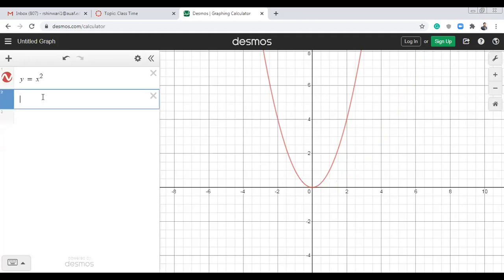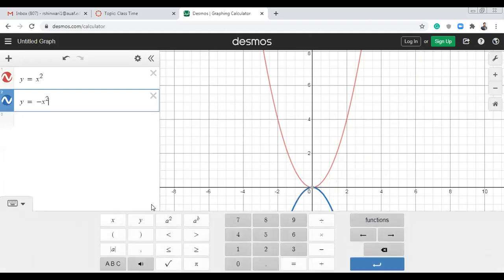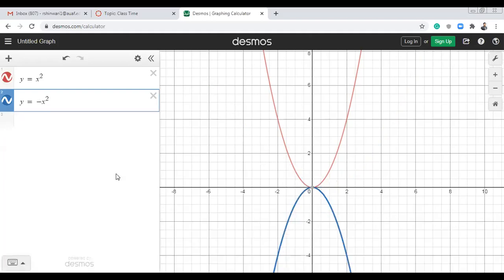But if you multiply with a negative number, y is equal to minus x square, you can see the same graph but downward. This parabola opens downward. Excellent. This is called a reflection of a graph.